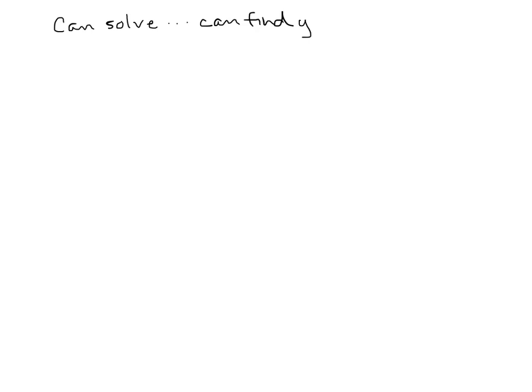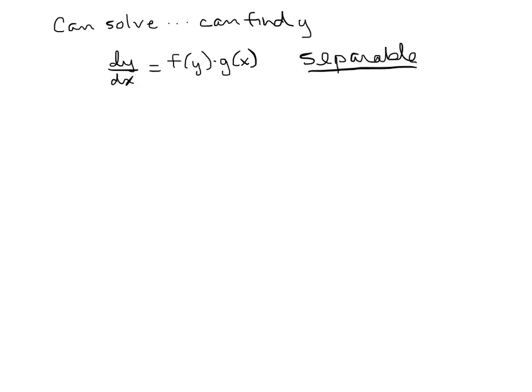And they look like differential equations, so a dy, say a dx, where you can separate the function of y from the function of x, and those can be multiplied together. And these are called separable. Now there's an entire semester on differential equations because there's lots of different methods to solve these depending on what they look like.